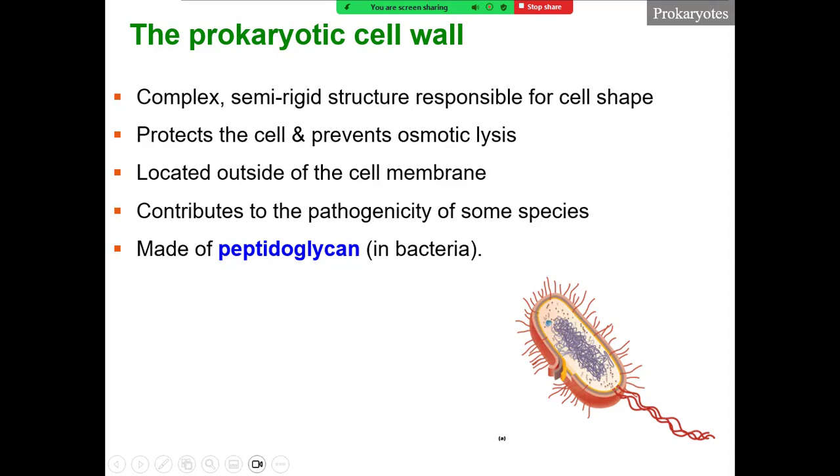The cell wall is located outside of the cell membrane, but it is actually considered the last part of the cell. Anything the cell makes that's external to the cell wall, like the capsule, is considered external to the cell. So the cell wall is the last structure of the cell.